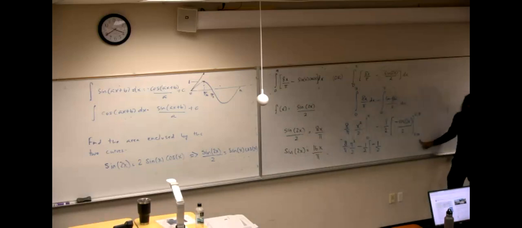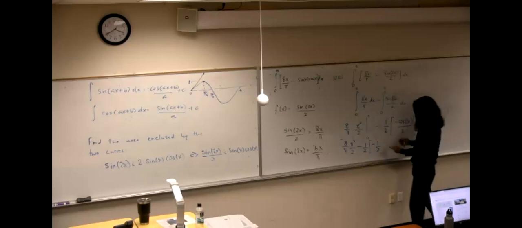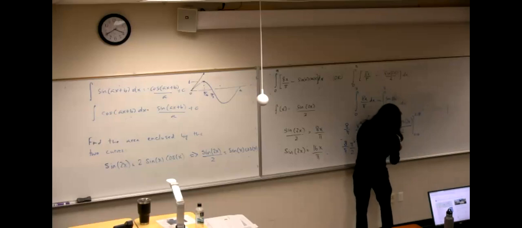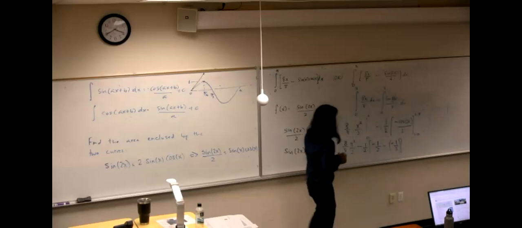What is cosine 0? Period of 2 pi. If it is 1 at 2 pi, what is it at 0? Yeah, 1, still 1. So again, minus 1 over 2, but lower limit: upper limit minus lower limit, minus pi.